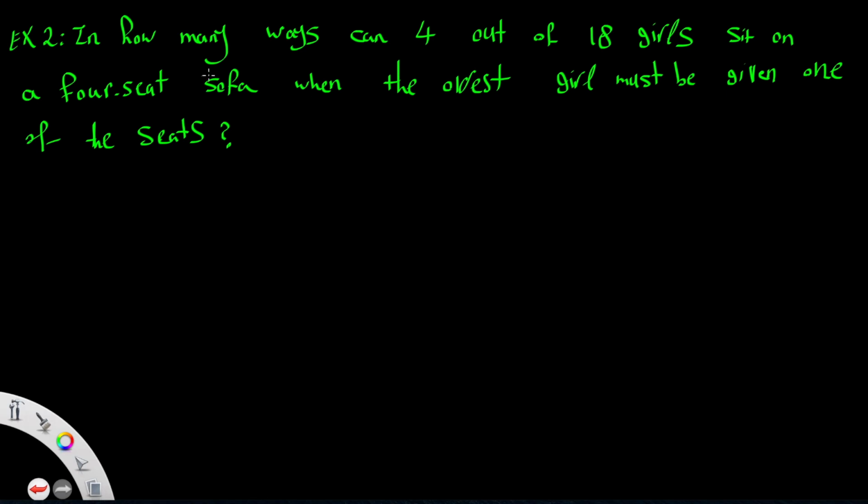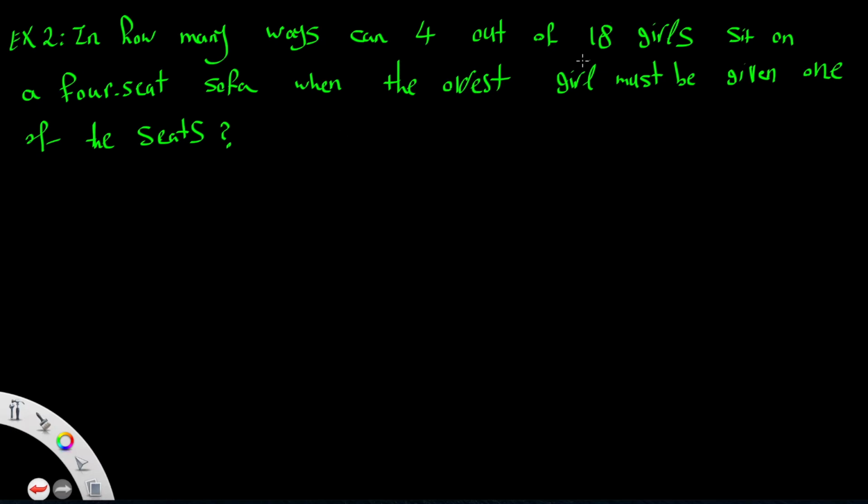Second example, in how many ways can 4 out of 18 girls sit on a 4-seat sofa when the oldest girl must be given one of the seats? Now, as the oldest one is going to be given a seat, we have 3 seats available for the rest of the girls.